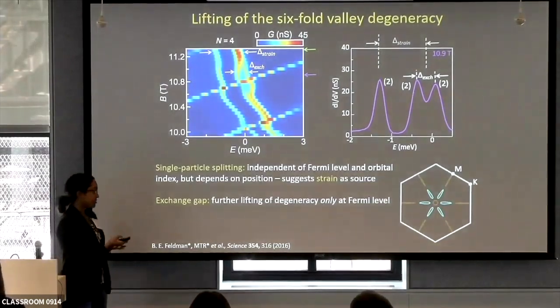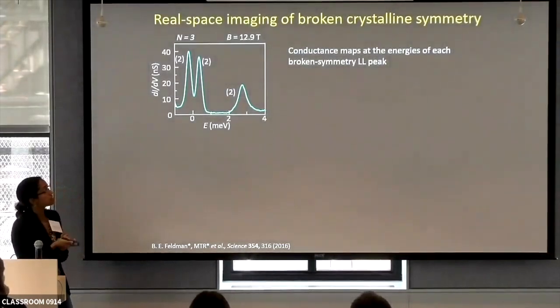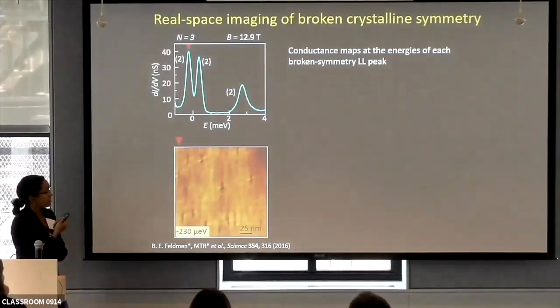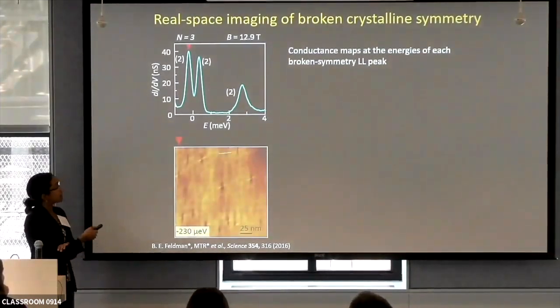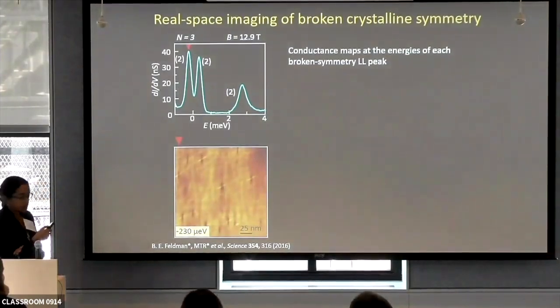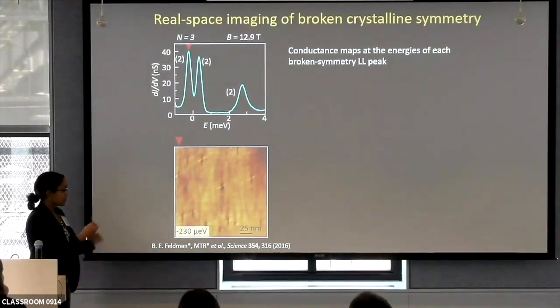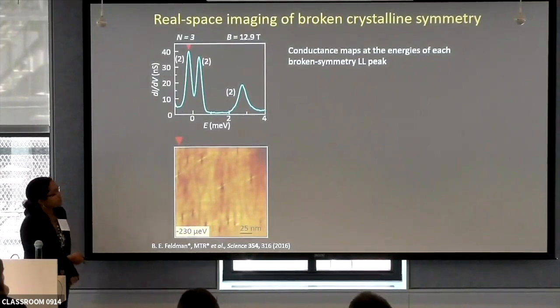And now in order to try to understand further what's the nature of this symmetry breaking, what we can do is look at conductance maps at the energies of each of these 3 split peaks. And so this is one conductance map shown here at the energy of this lowest split Landau level. And what you see is this is now taken over a certain area of our sample just at one energy, mapping variations of this tunneling conductance.